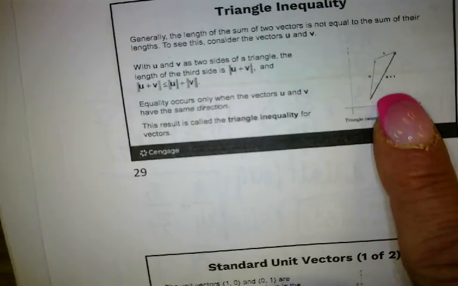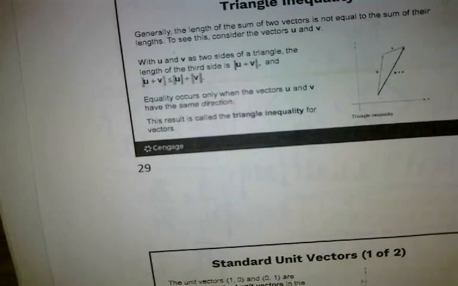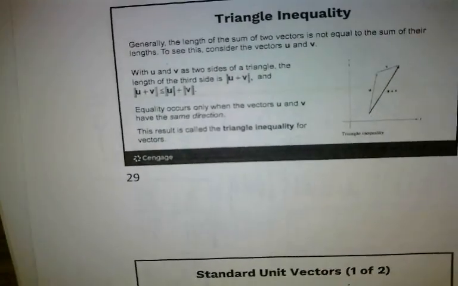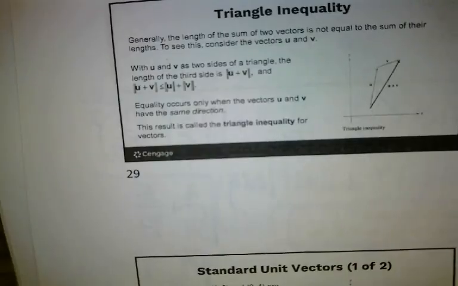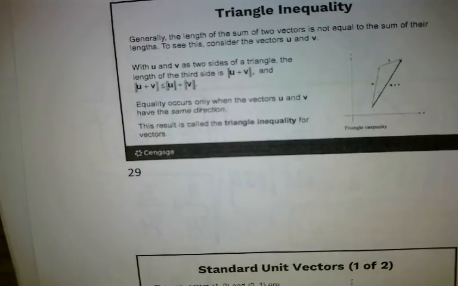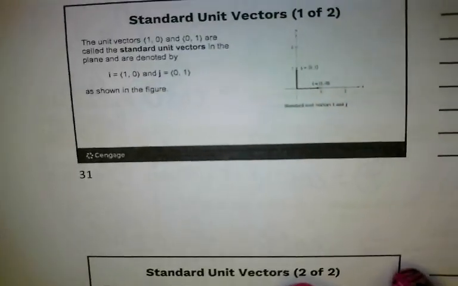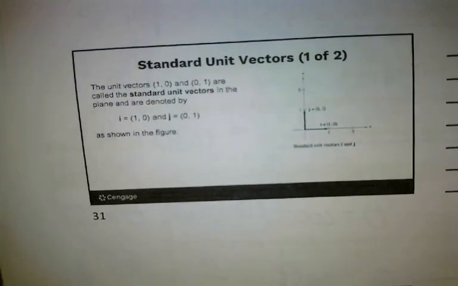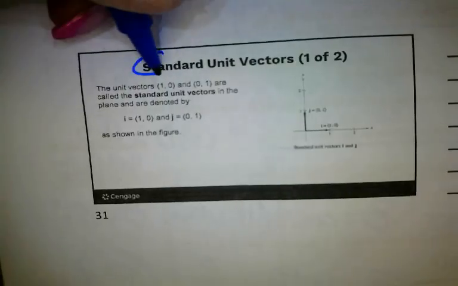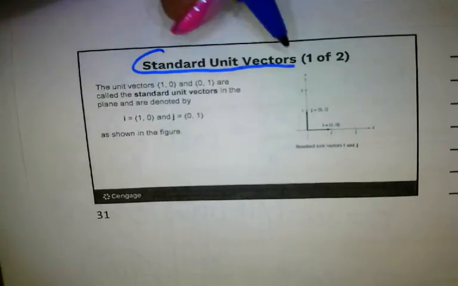Now, the unit vectors. I told you how to write things in terms of a unit vector, but when we're dealing in vector land, we always like to refer to what we call standard unit vectors. Standard unit vectors allow us to rewrite every vector in standard unit vector form.